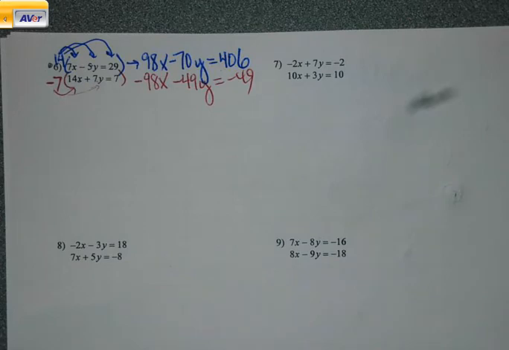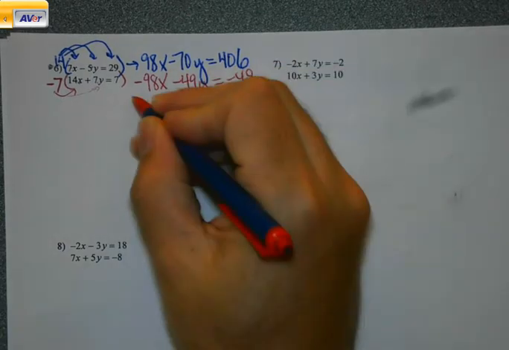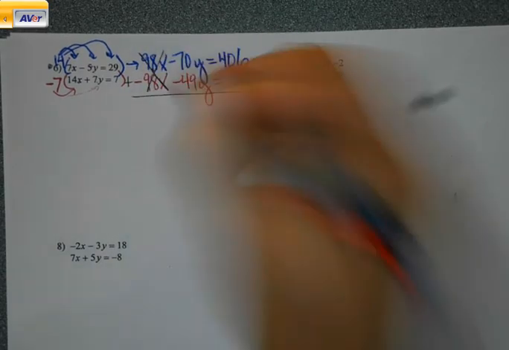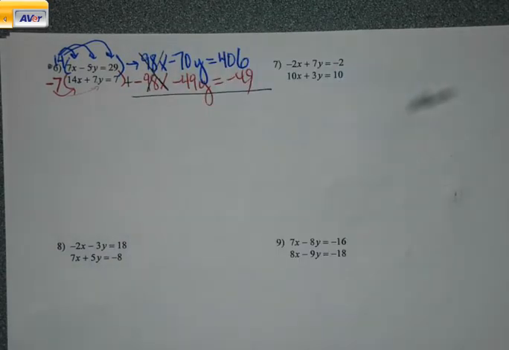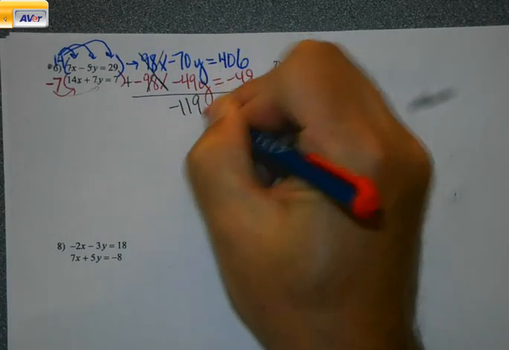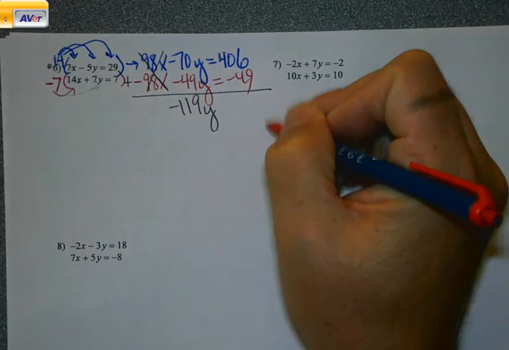Alright. So, now that I've done that, again, I add down. 98 minus 98, goodbye x's. Negative 70 and negative 49. Again, we're adding.